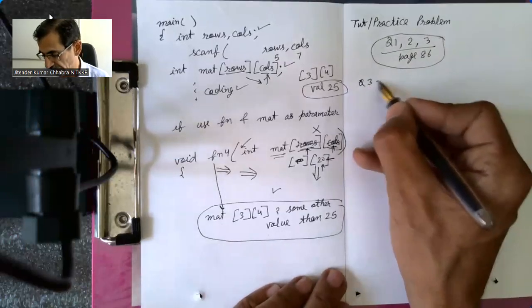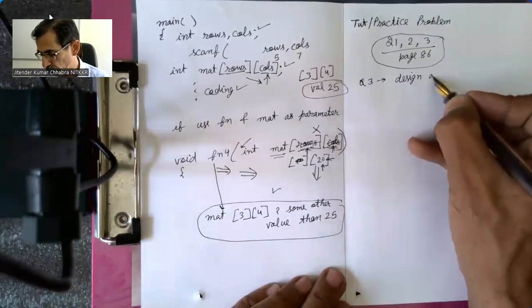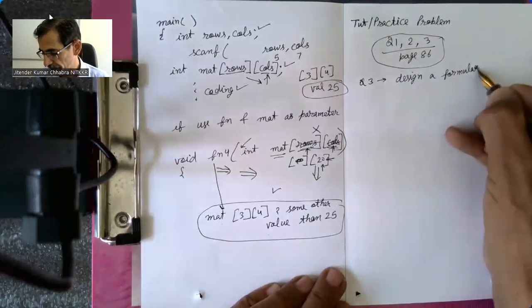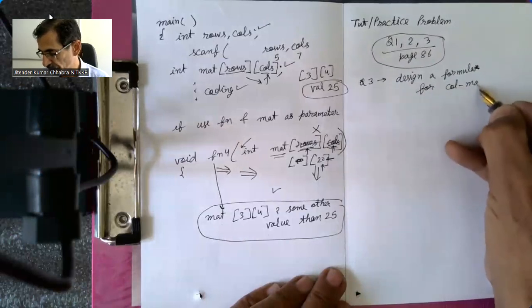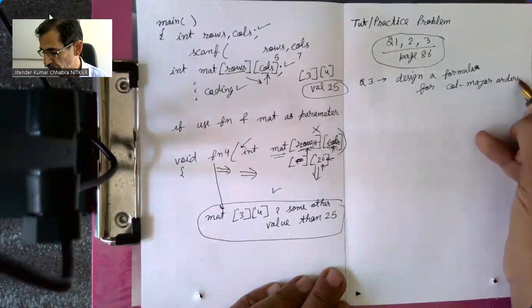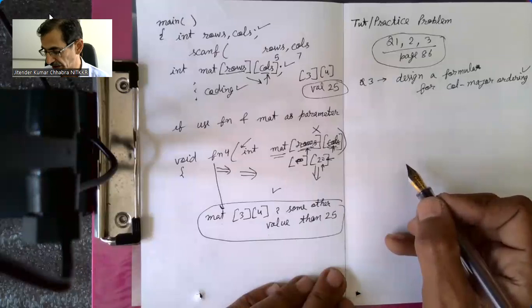Question 3 actually says design a formula for column major ordering. So you should also try that question, and questions 1 and 2 are also similar. You should attempt to solve those also. And I'm sure good students will try and definitely solve them.